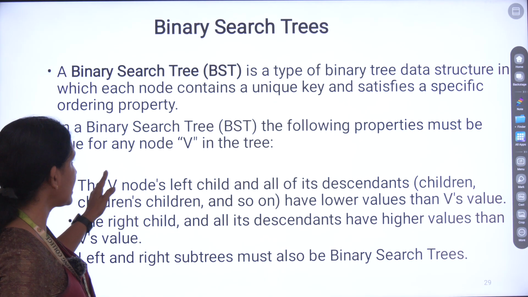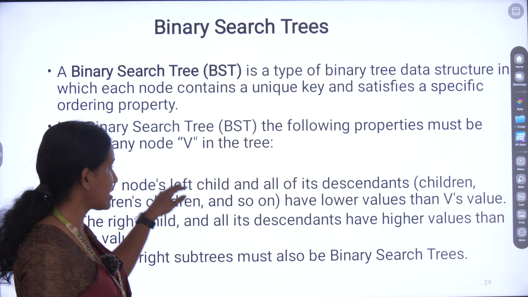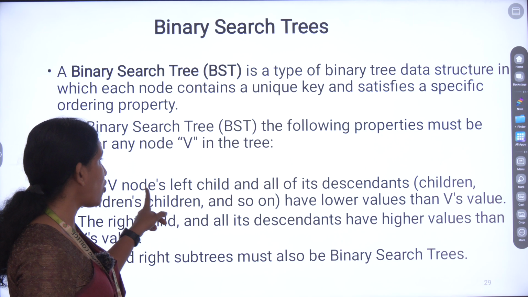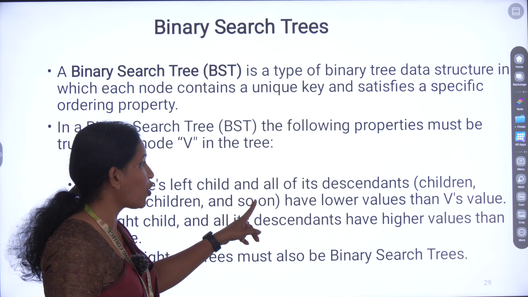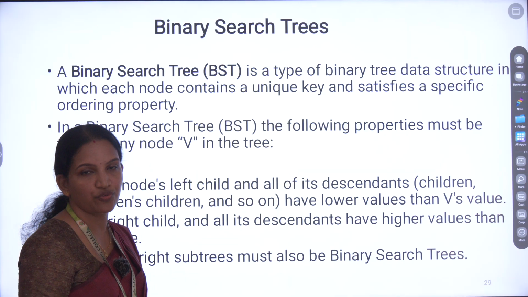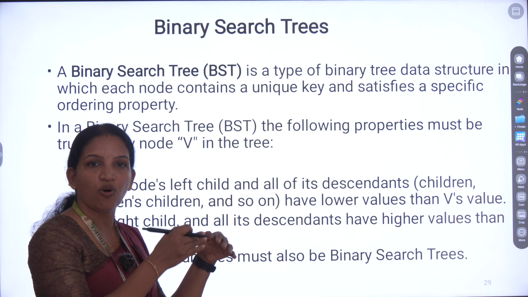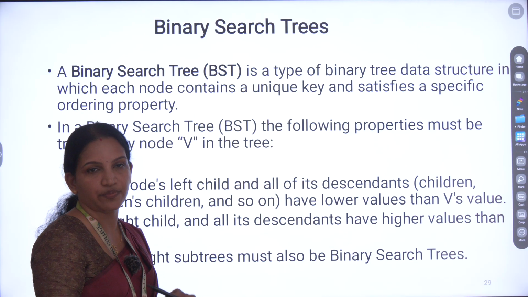If you take any node V in the binary search tree or BST, it should satisfy all these three conditions. First condition is that V node's left child and all of its descendants have lower values than V's value.